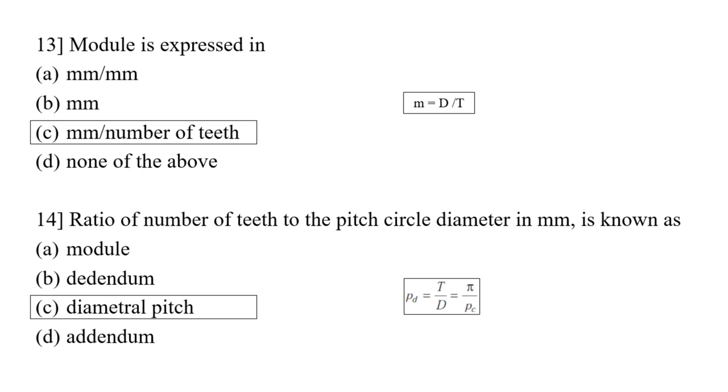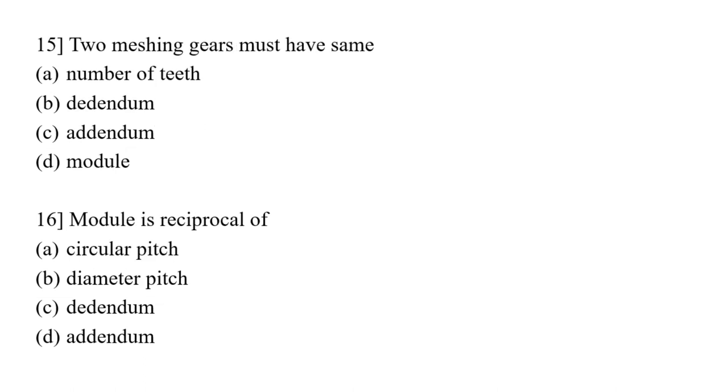It is the ratio of number of teeth to the pitch circle diameter in mm. Next question: two meshing gears must have the same. If two gears are meshed, then the two gears must have the same circular pitch, that is P_C, that we have studied in the previous lecture. That means P_C is equal to pi d1 by t1, the formula for circular pitch, and it is equal to pi d2 by t2 for the second gear.